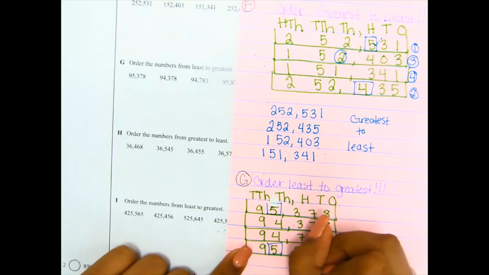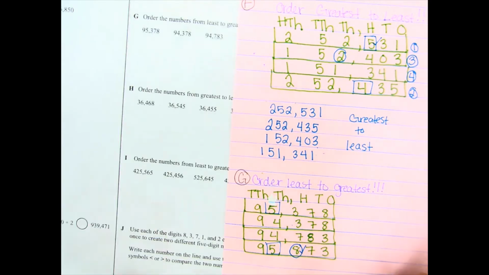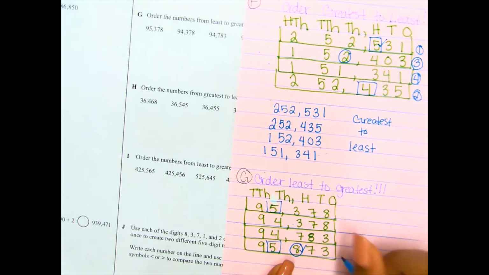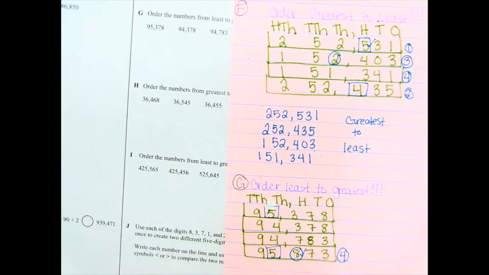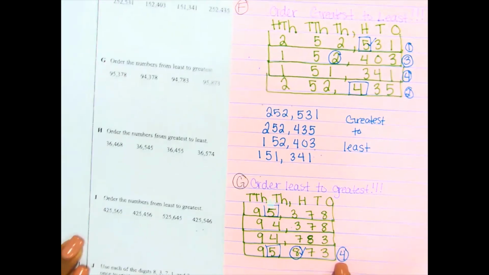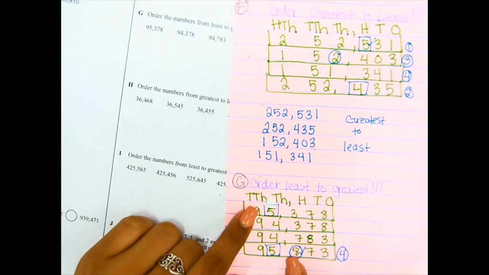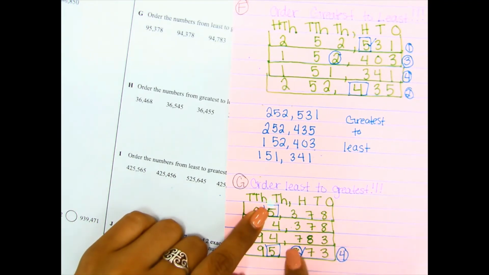I'm going to circle my 8 and check mark it because that's where I stop. Since this is my greatest, and this is going from least to greatest, I'm going to put the number 4 here because this is in last place. So this is 4. Now, I know my second greatest number is this one right here, 95,378. Now that I know that, this is my 3rd place.